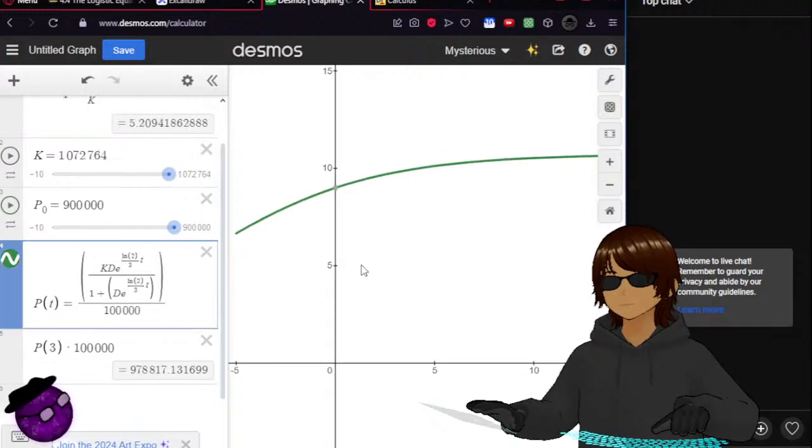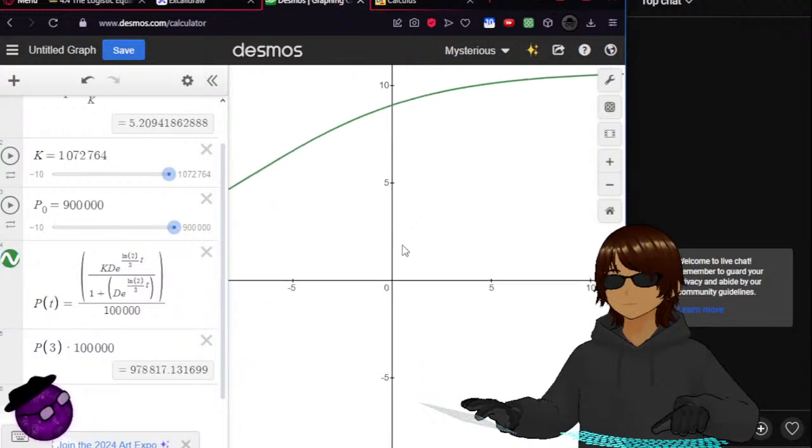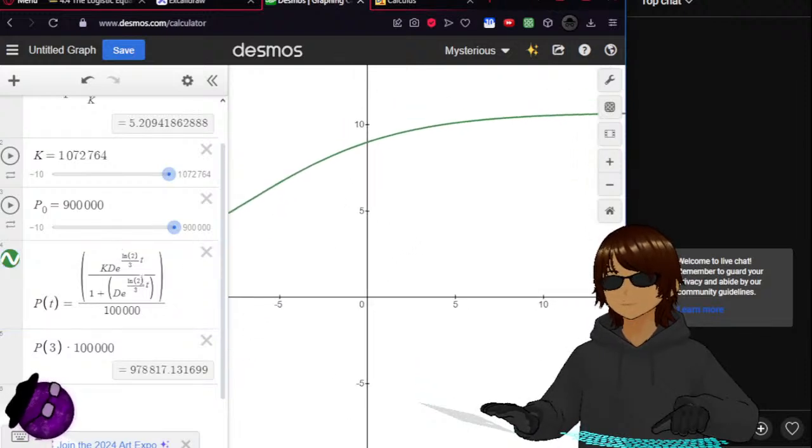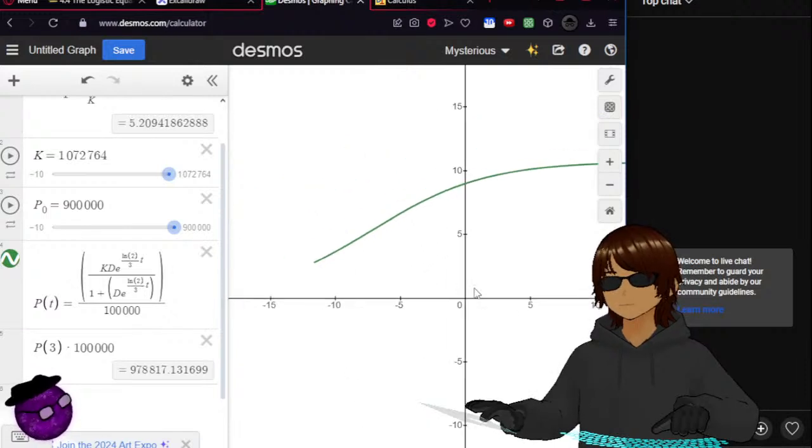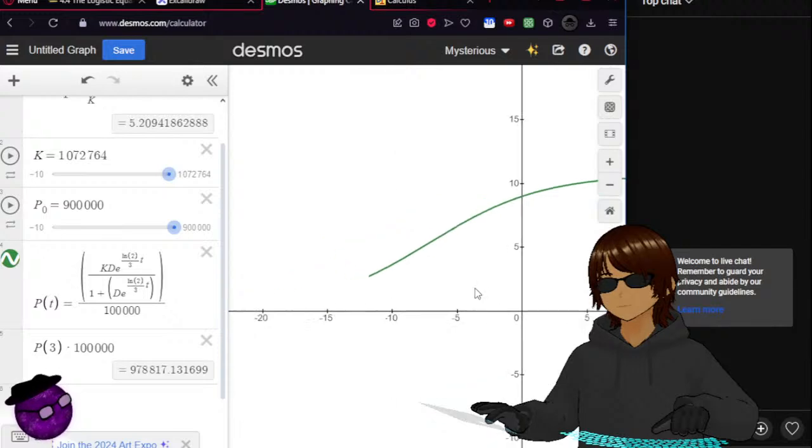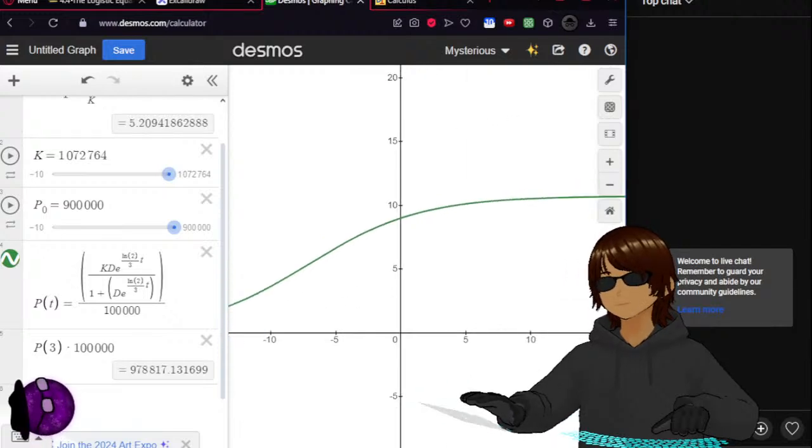If these two are minus, I think the graph would be reversed. It will be going down.